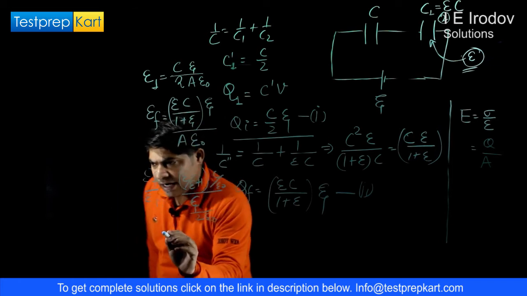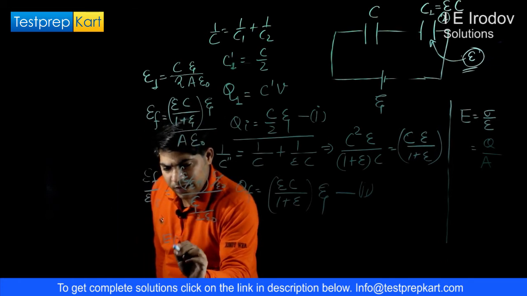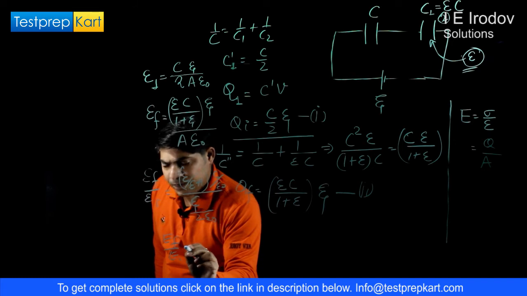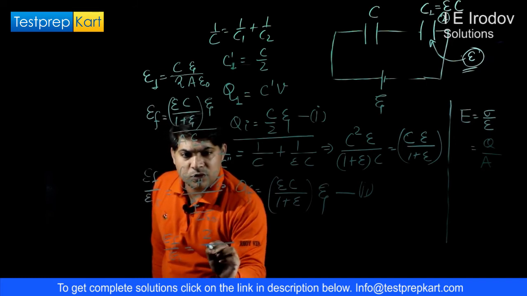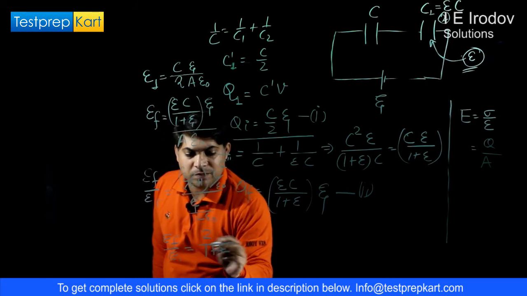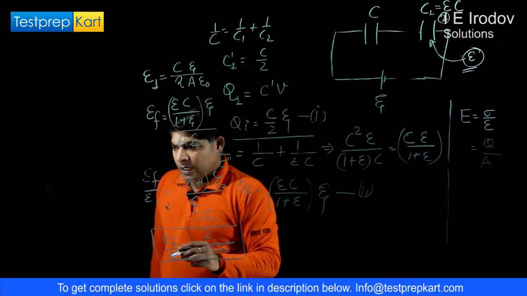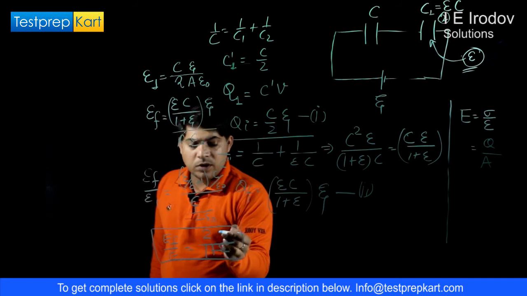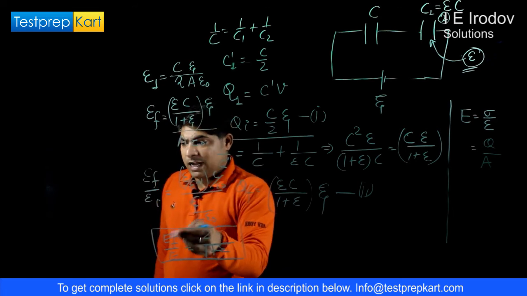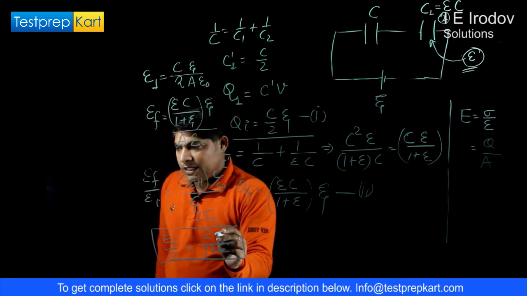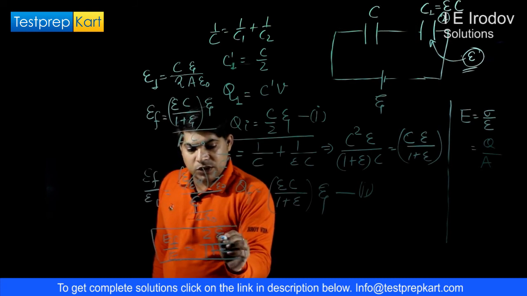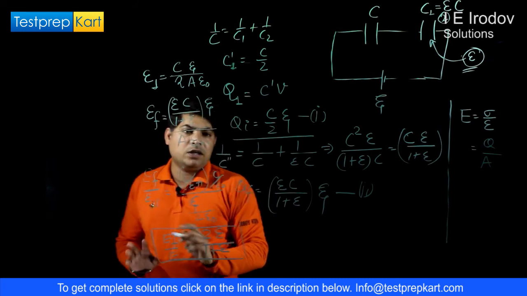So from here we get the change in electric field: EF upon EI is equal to 2 over 1 plus epsilon. This is the ratio of electric field in the final condition and the initial condition, that is 2 over 1 plus epsilon.